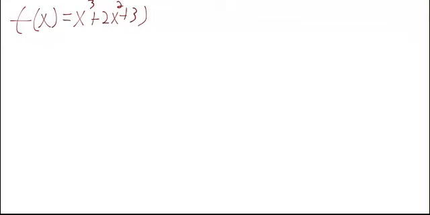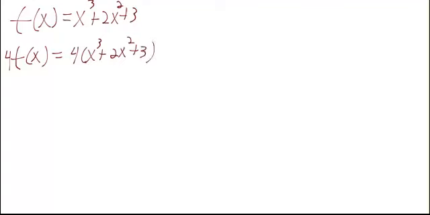And we're going to multiply it by 4. So we're going to take f of x and multiply it by 4. And so you can write it like this: 4 times x cubed plus 2x squared plus 3. And what this is going to do is just every y value is going to be multiplied by 4. So we would say 4f of x will also equal 4x cubed plus 8x squared plus 12.